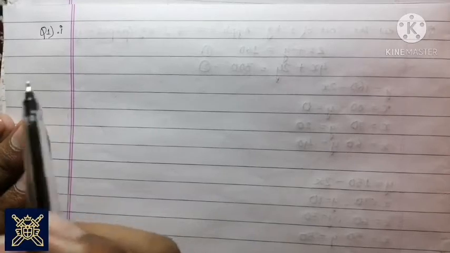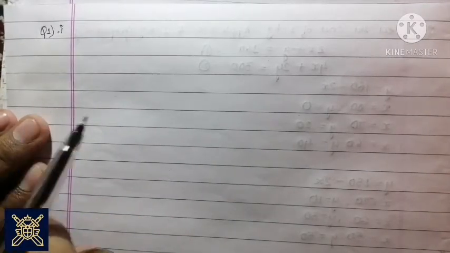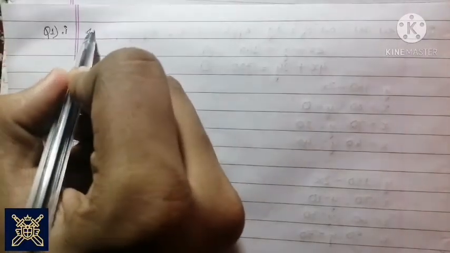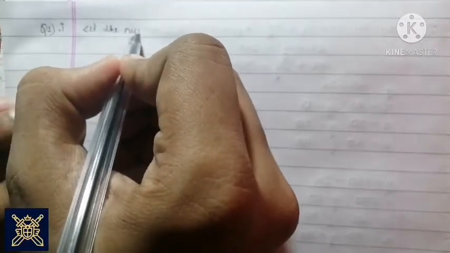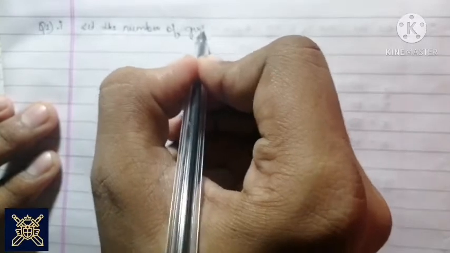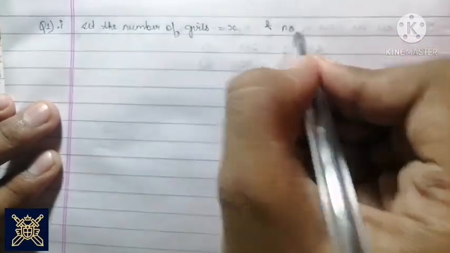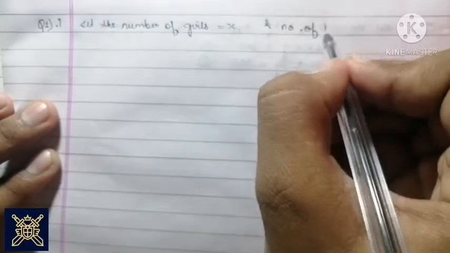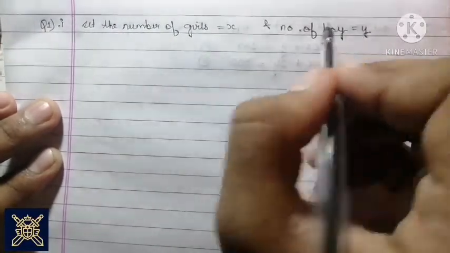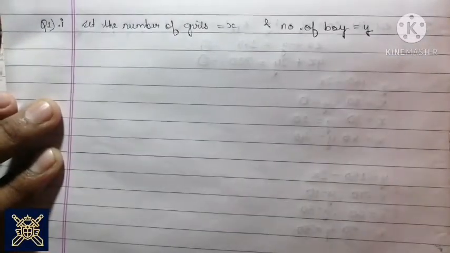As you know, in all the questions of linear equations in two variables, to start with we have to make the assumption for the variables. So here, let the number of girls be equal to x and the number of boys be equal to y. Now we have to interpret the question.